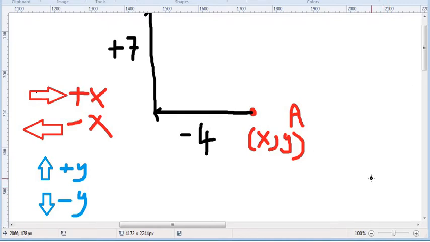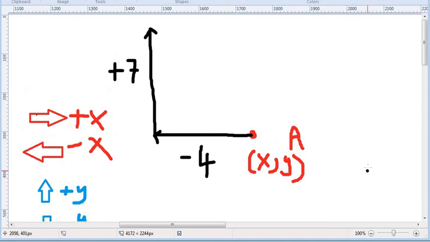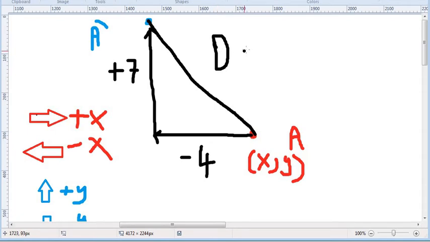So from point A that has a location of x, y, we're going to move 4 units to the left and 7 units upwards. And this movement is going to take us to point A dash. And let me do it in blue. All we got to do now is to connect point A with A dash and measure the length of that black line, which is the distance from point A to point A dash.